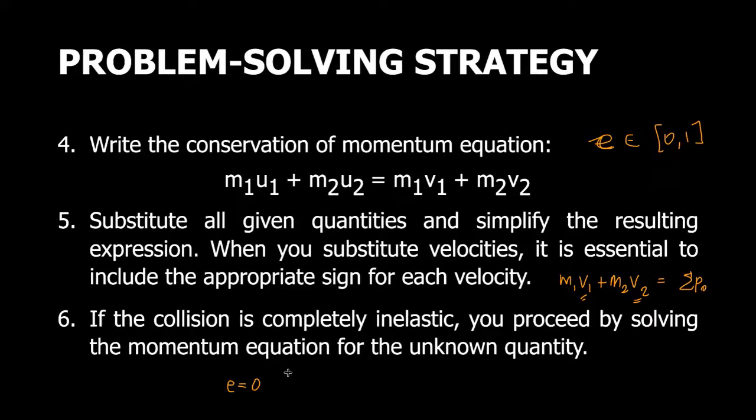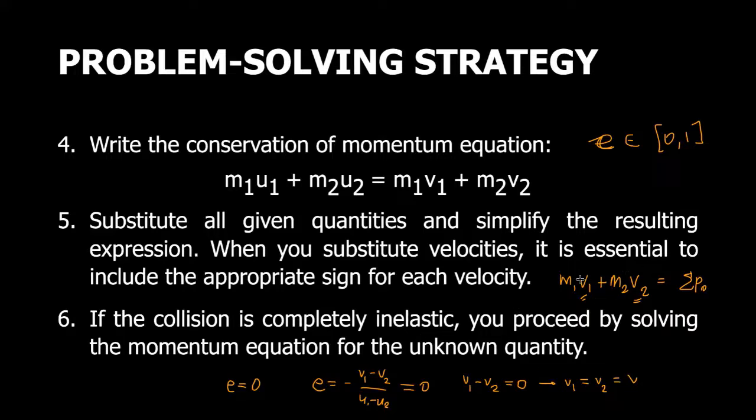Since we derived earlier that E equals negative V sub 1 minus V sub 2 over U sub 1 minus U sub 2, when E is equal to 0, then V sub 1 minus V sub 2 is equal to 0. Therefore, V sub 1 is equal to V sub 2.